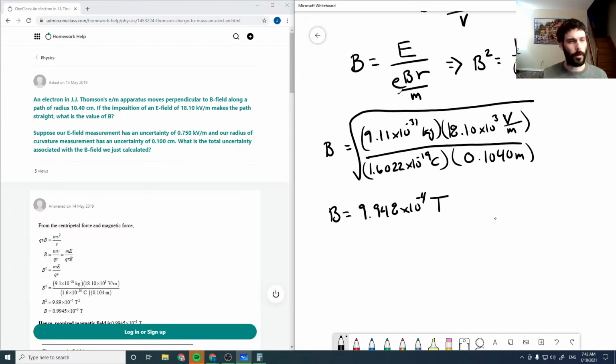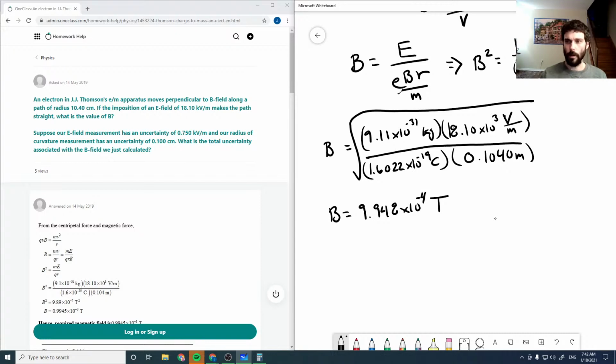And so suppose our E field measurement has an uncertainty of 0.750 kilovolts per meter, and our radius has an uncertainty of 0.1. What is the total uncertainty associated with the B field?